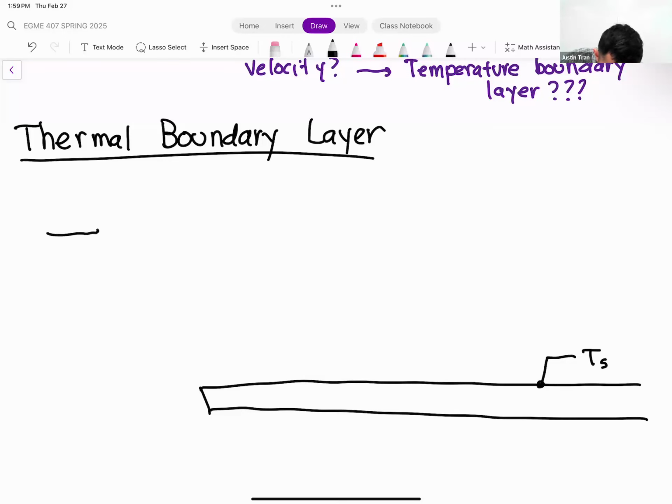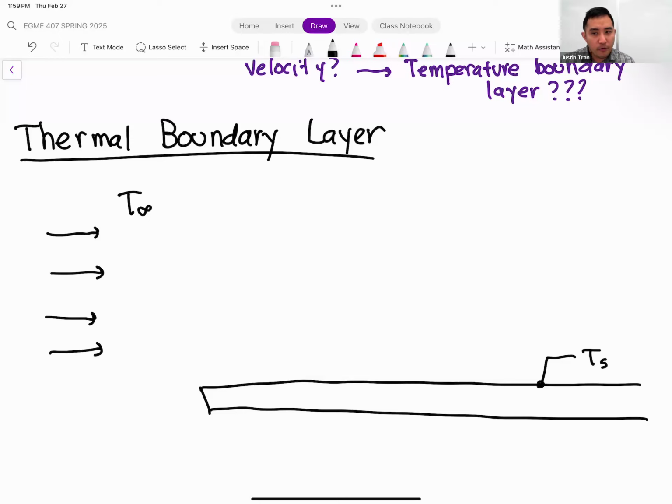And then let's say we have a fluid that's flowing by it. Okay. So this fluid has a velocity, but it also has a temperature, T infinity, okay? Right. And let's say that there's a difference. So let's say that Ts here is greater than T infinity, which is kind of our typical case, right?